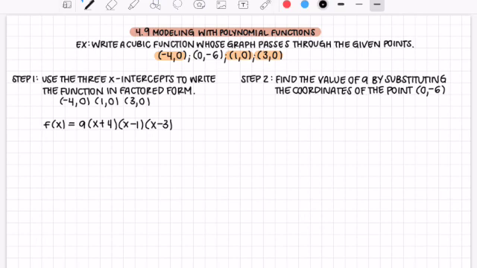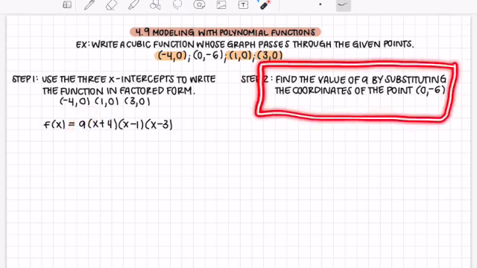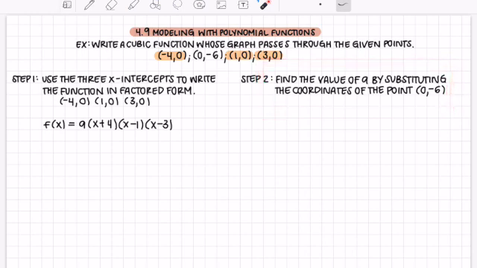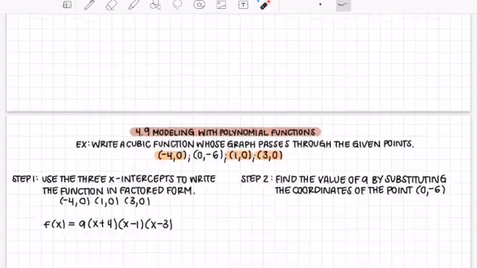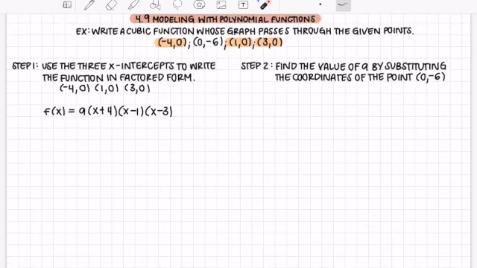Once we have our function provided, then we need to identify what our a value is, which will be in step 2. Finding the a value will be done by substituting the ordered pair (0, -6). As you remember from our 4 ordered pairs, the only one that was not considered an x-intercept was (0, -6).